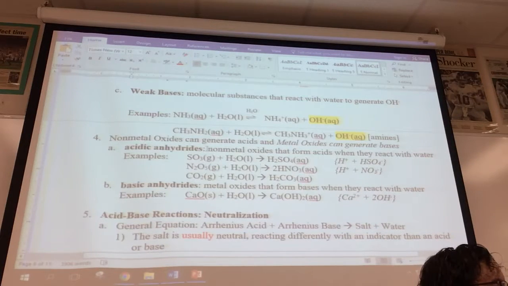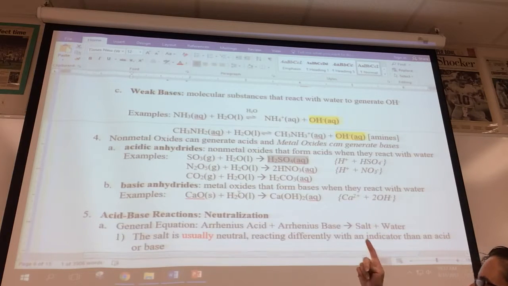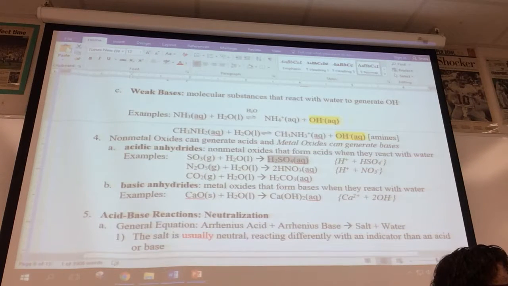If you have a non-metal oxide, so something like sulfur is a non-metal hooking with oxygen, when it reacts with water, it forms an acid in every case. And these, for the most part, are very easy to predict, with the exception of the second one listed here. Sulfur trioxide in water makes sulfuric acid.